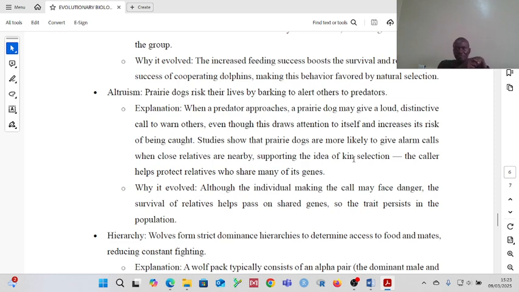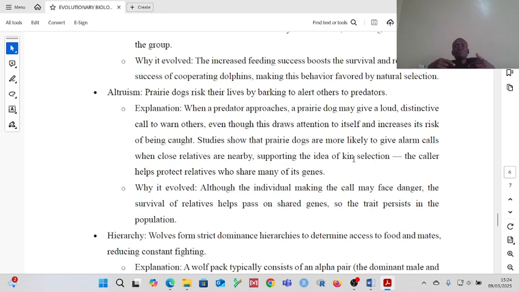But now, hiyo umbwa yenye imepiga kelele hata ikikuliwa, it will have saved the close relatives because they are together in groups. So hiyo imepiga kelele, predators zikaiona hiyo zikaifuata, lakini zingine zilipona. Okay?